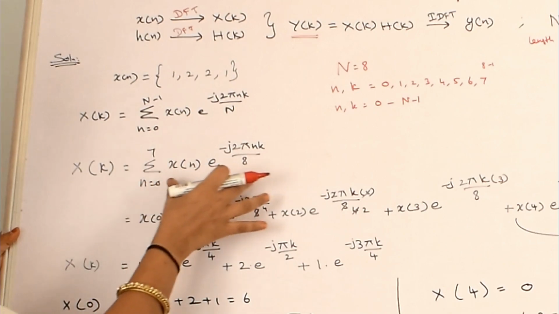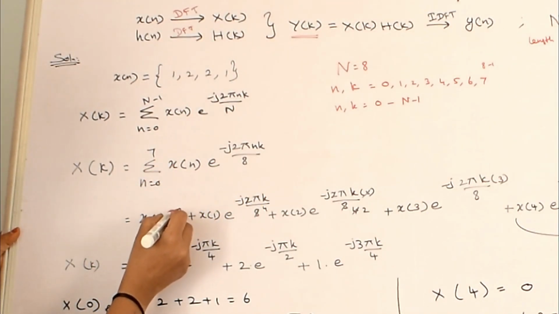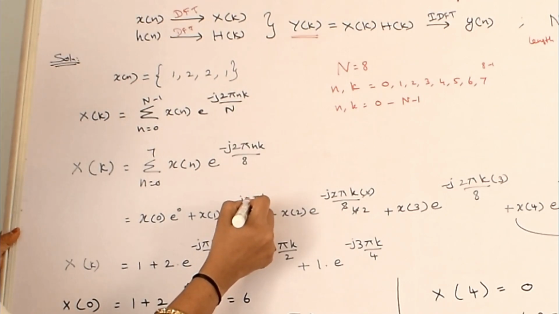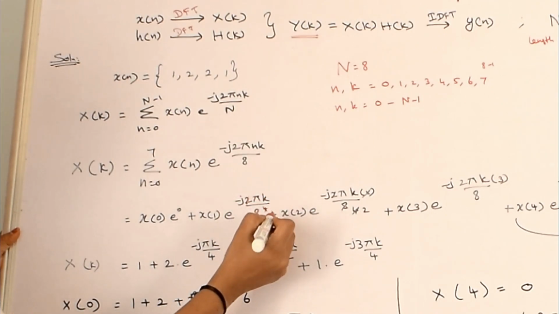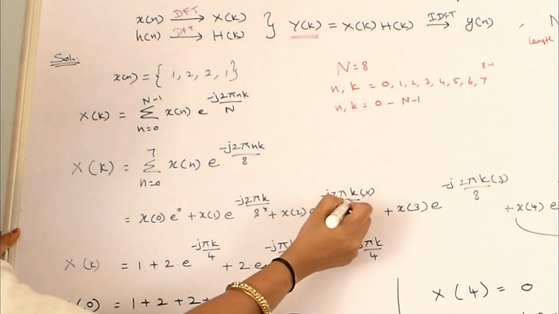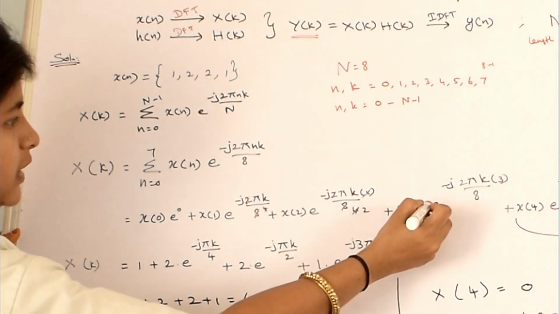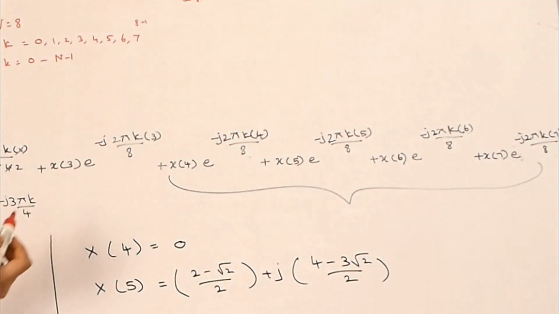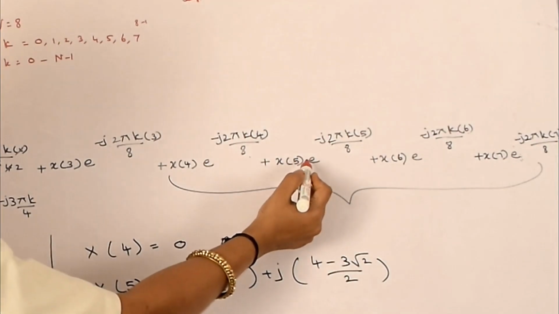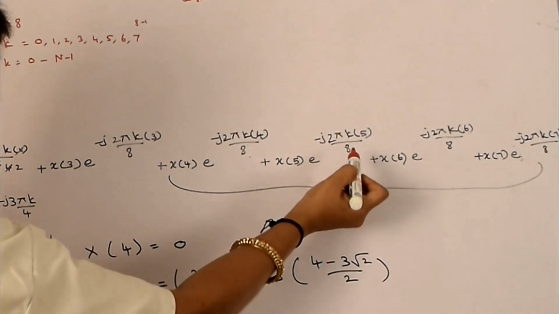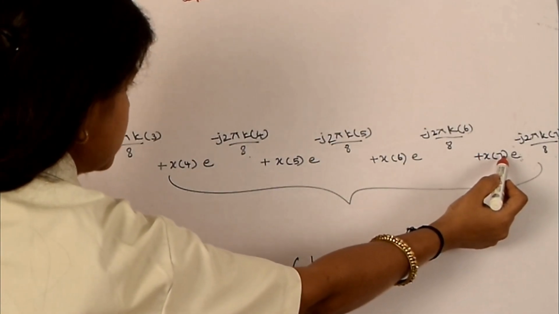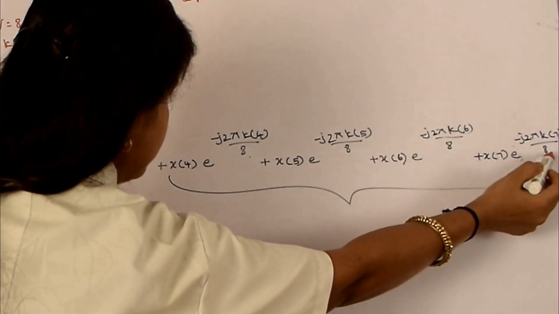So we are expanding this summation: x of 0 into e power 0 plus x of 1 into e power minus j 2 pi k divided by 8, which simplifies to pi k divided by 4, plus x of 2 e power minus j 2 pi k into 2 divided by 8, which simplifies to pi k divided by 2, plus x of 3 e power minus j 2 pi k into 3 divided by 8 plus x of 4 e power minus j 2 pi k into 4 divided by 8 plus x of 5 into e power minus j 2 pi k into 5 divided by 8 plus x of 6 into e power minus j 2 pi k into 6 divided by 8 plus x of 7 into e power minus j 2 pi k into 7 divided by 8.